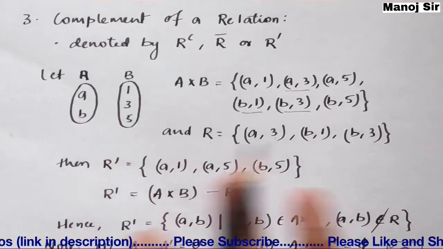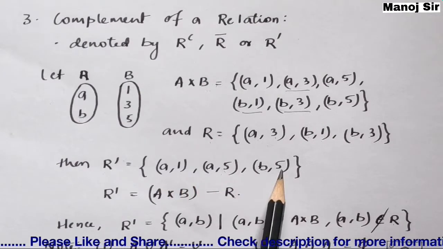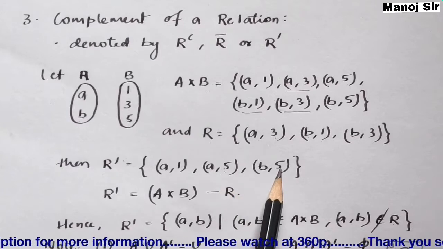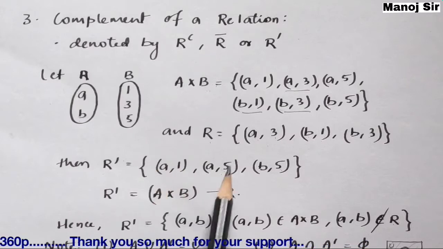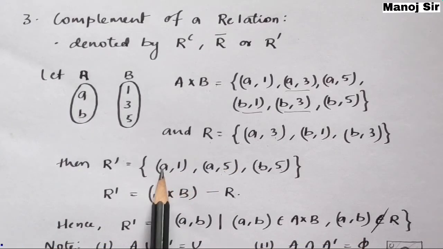Order doesn't matter among the elements. We can write (a,5) first, then (a,1), then (b,5), or (b,5), then (a,1), then (a,5). Order doesn't matter, but the order within each pair matters. You cannot write (1,a).